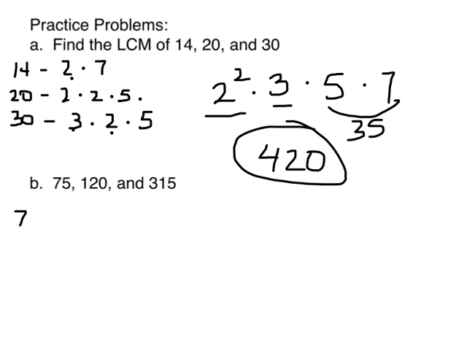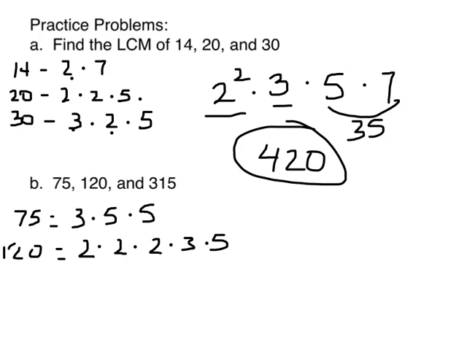Okay, 75 is 3 times 5 times 5, or 3 times 25. 120 is, let's see, 2 times 60. 60 is 2 times 30. 30 is 2 times 3 times 5.